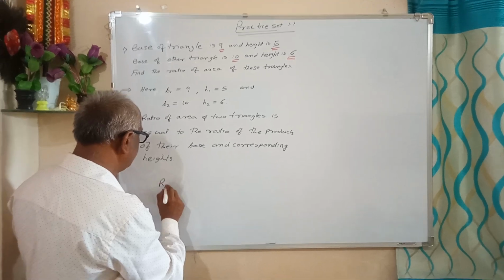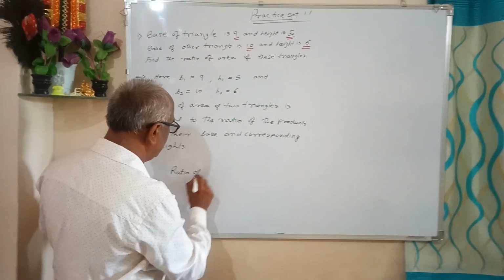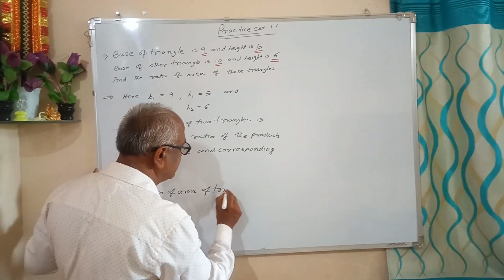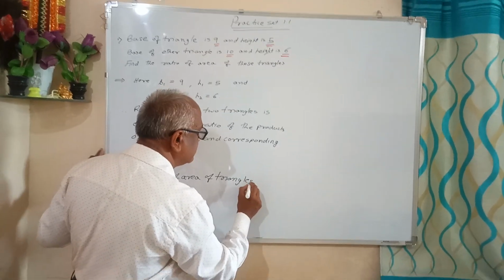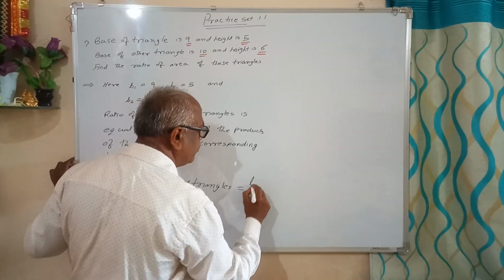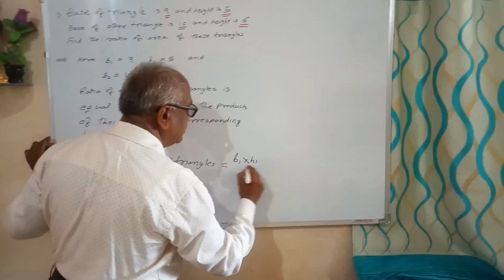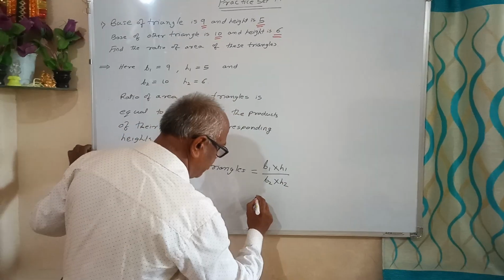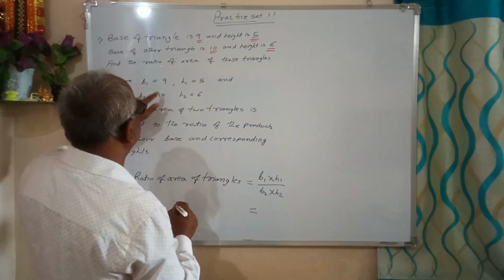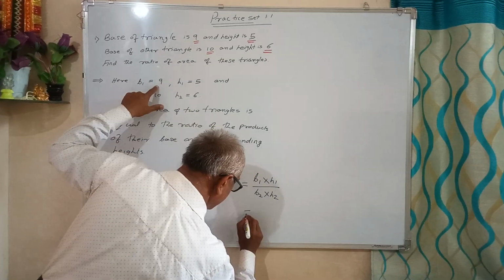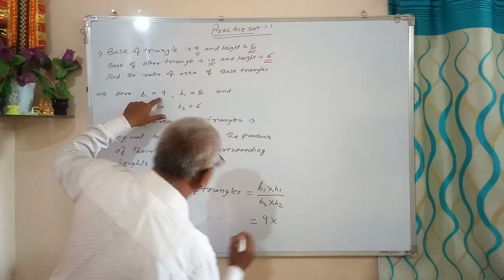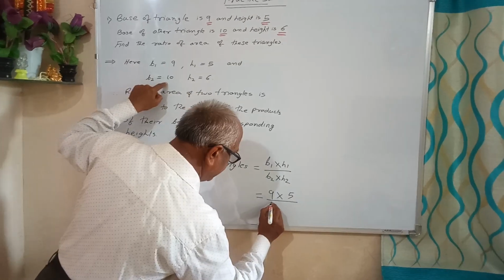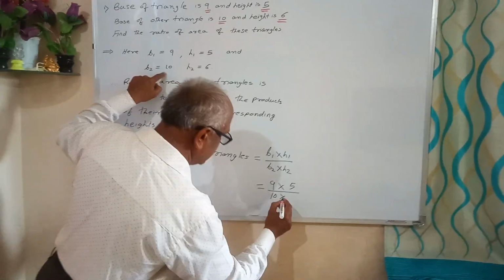That is, ratio of area of triangles is equal to B1 into H1 upon B2 into H2. Now put the values. B1 is 9 into H1 is 5 upon B2 is 10 into H2 is 6.